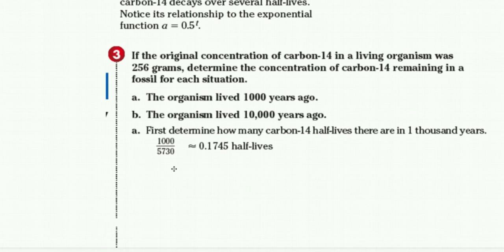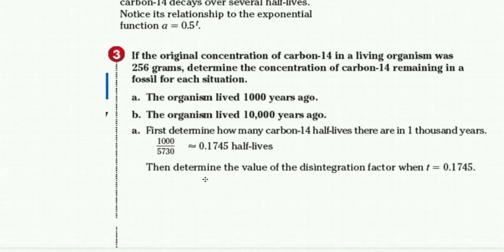And then after that, we determine the value of the disintegration factor when t equals 0.1745. So we use our formula, A equals 0.5 to the t, and we raise 0.5 to 0.1745.